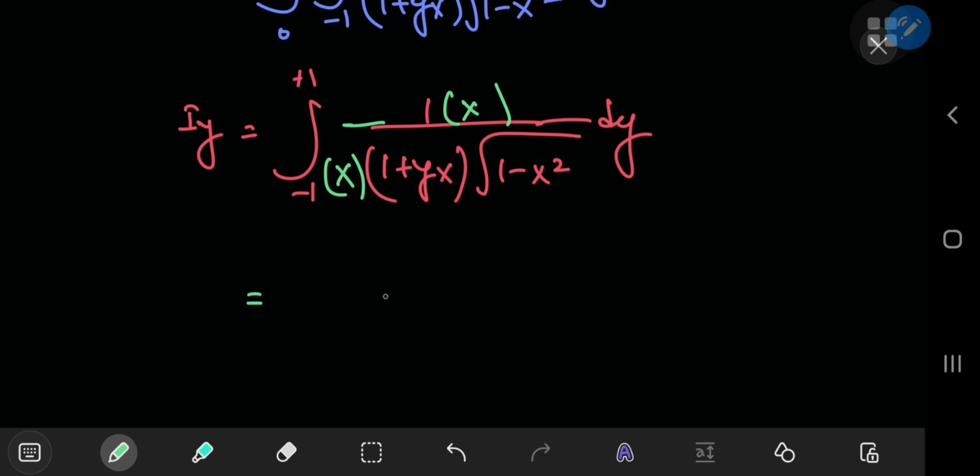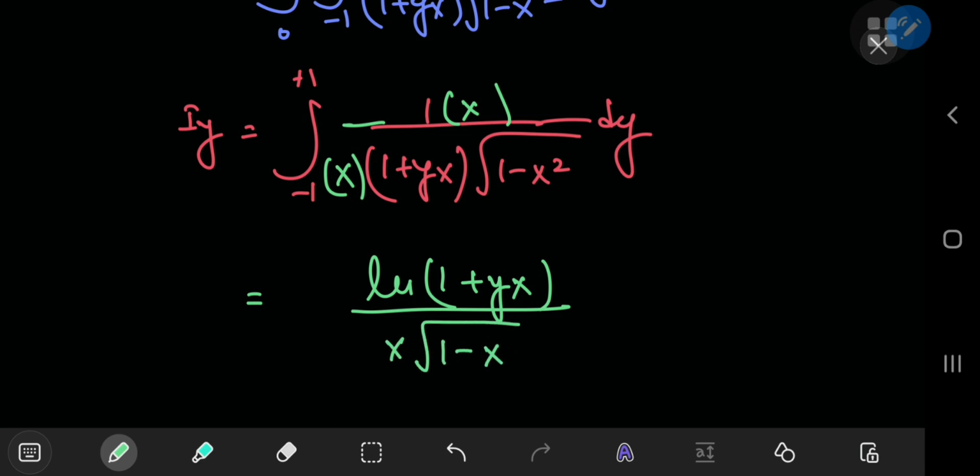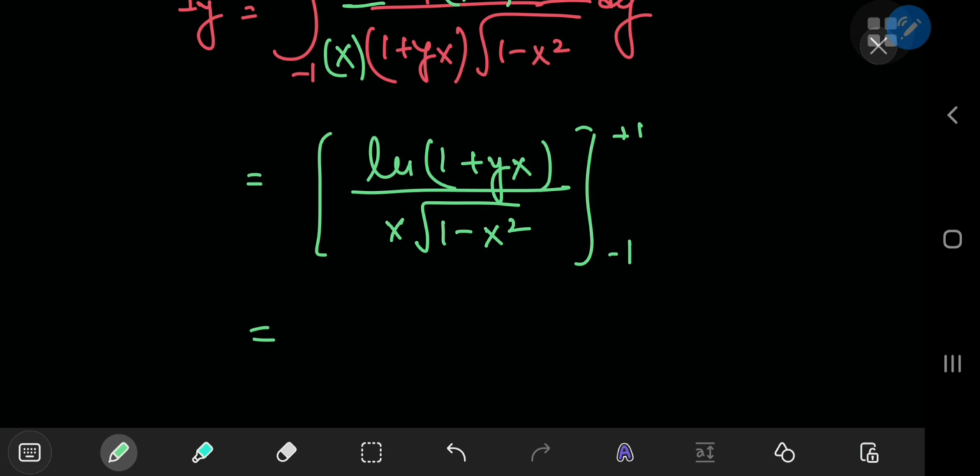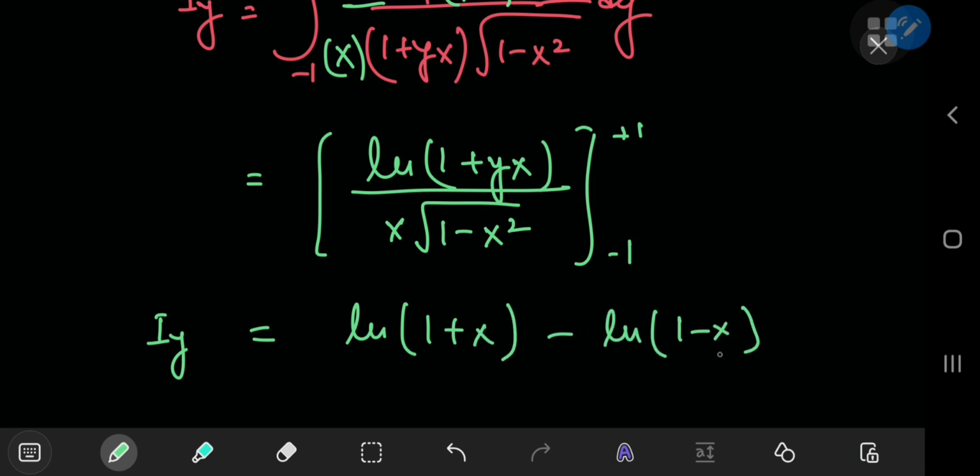So what I'll have is the natural log of 1 plus y times x divided by this constant x times the square root of 1 minus x squared, and the limits of integration are negative and positive 1. So using these limits, we can write I sub y as the natural log of 1 plus x minus the natural log of 1 minus x.